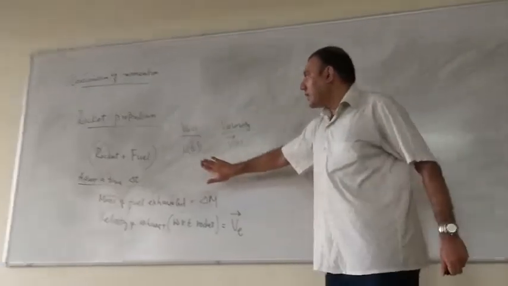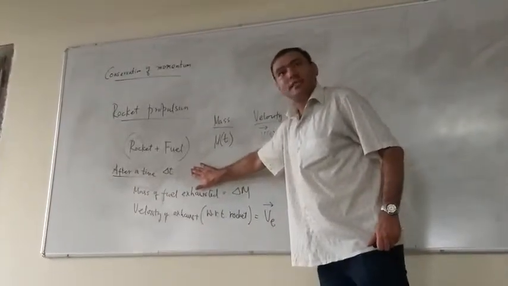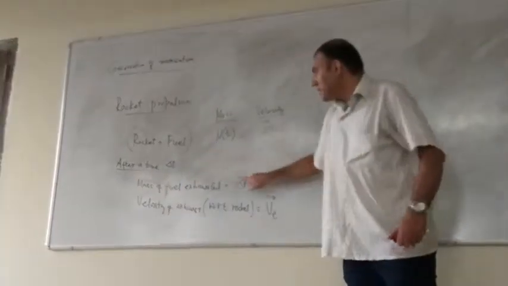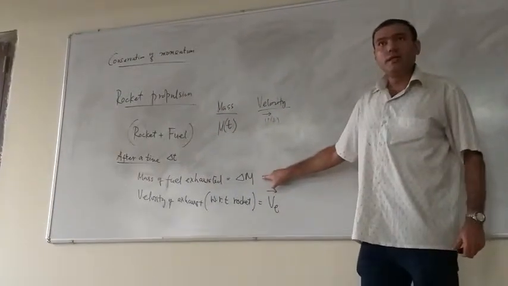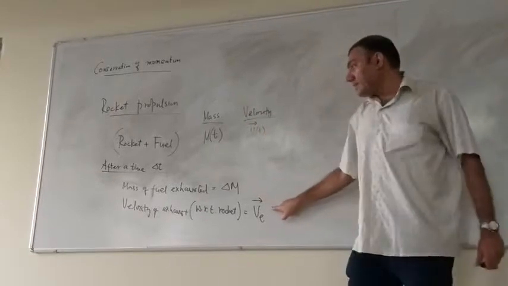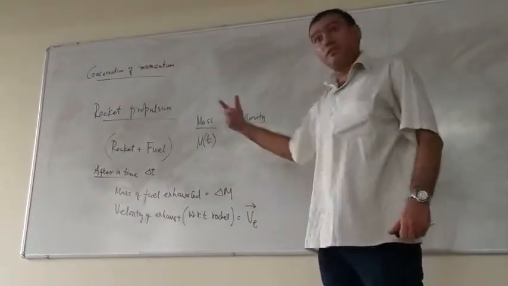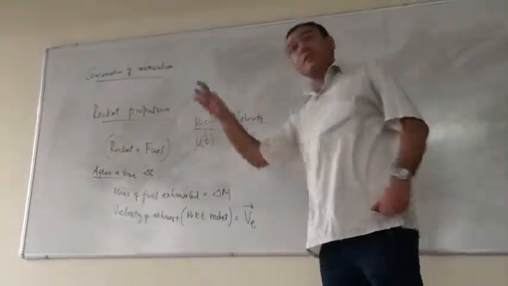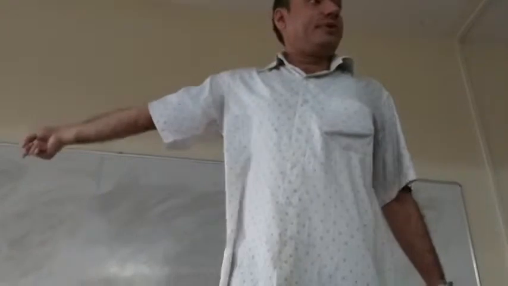After a time delta t has expired, the mass of the fuel that has been exhausted is delta m. And the velocity of the exhausted fuel with respect to the rocket, remember the rocket is already traveling, it has a velocity, is Ve.